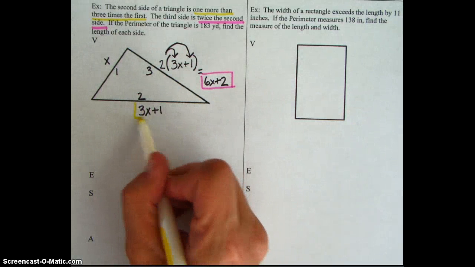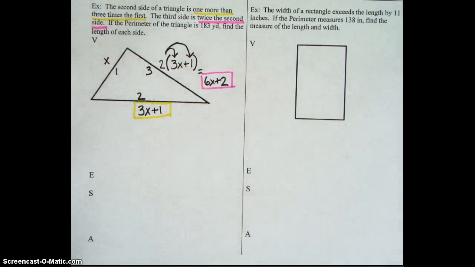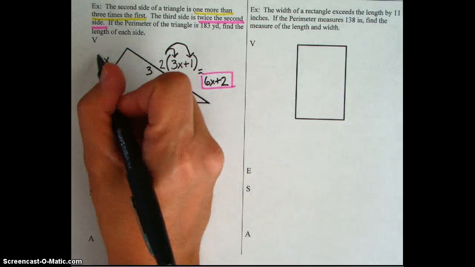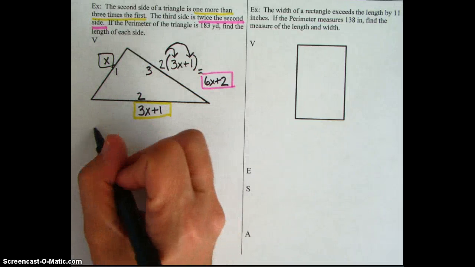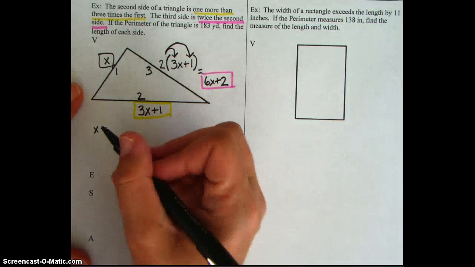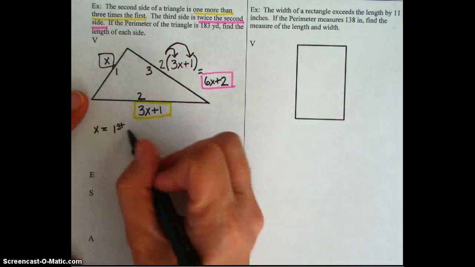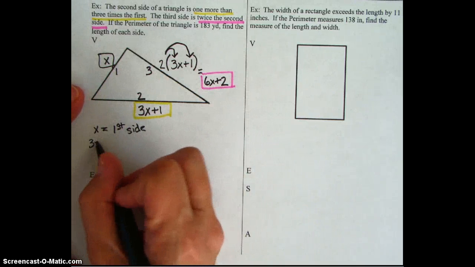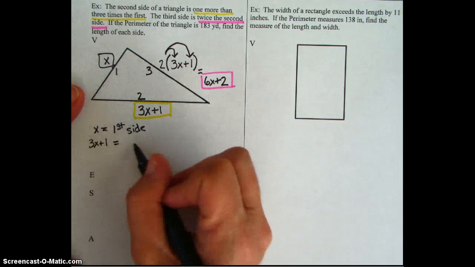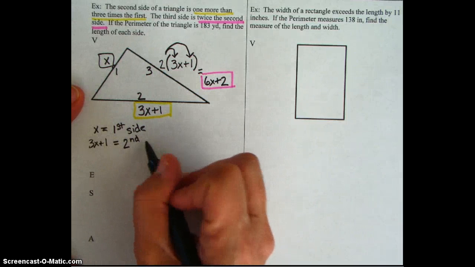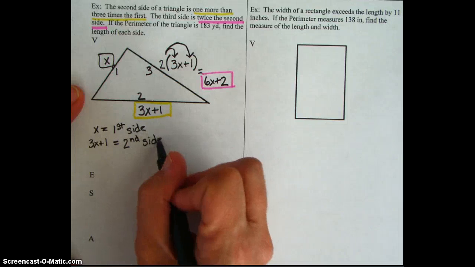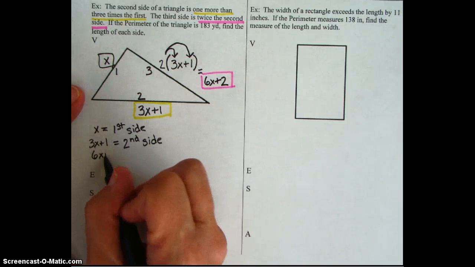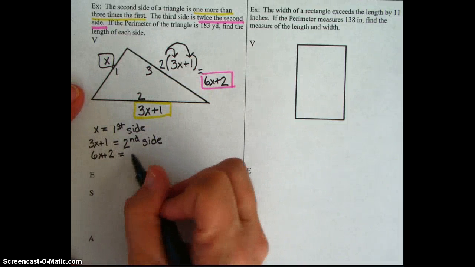The second side gives us 3x plus 1, and our first side is just x. So we're going to define x as the first side, 3x plus 1 as our second side, and 6x plus 2 as our third side.